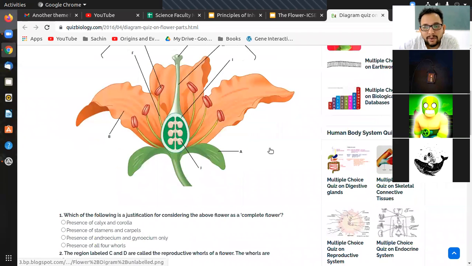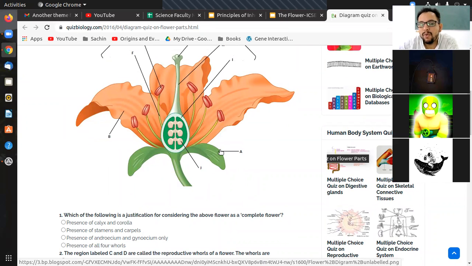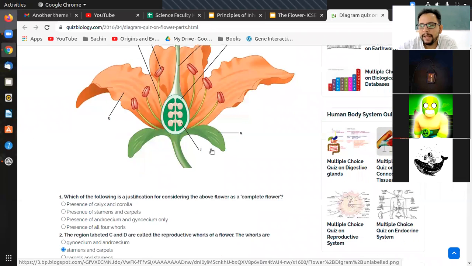So now remember, the question is the outermost wall. Which is the outermost wall? It is calyx. But what was perianth? Perianth was fusion of calyx and corolla, sepals and petals.